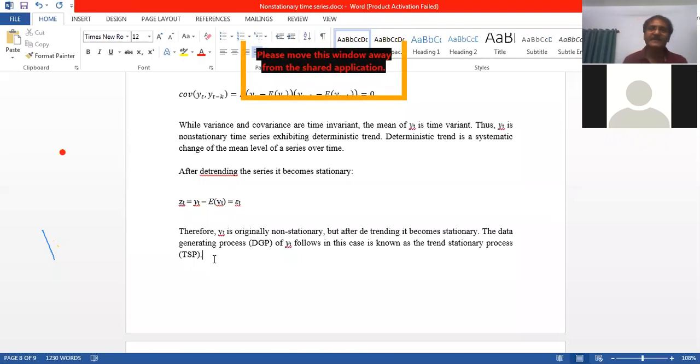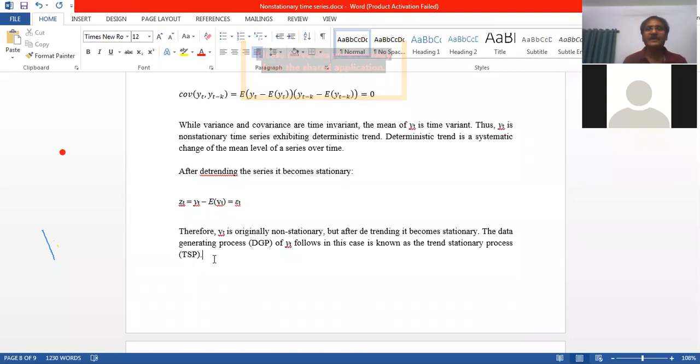But we have mentioned earlier, in the case of a time series variable, although it is random, it is not purely random. So it is difficult to express its distribution in explicit form.